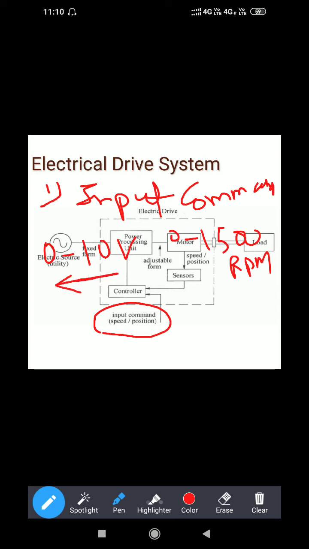If you vary this DC voltage from 0 to 10 volts, then automatically the speed of this motor will vary from 0 to 1500 rpm. So this is basically the input command. As already stated, the input command is an electrical signal which adjusts the operating point of the drive. Clear?